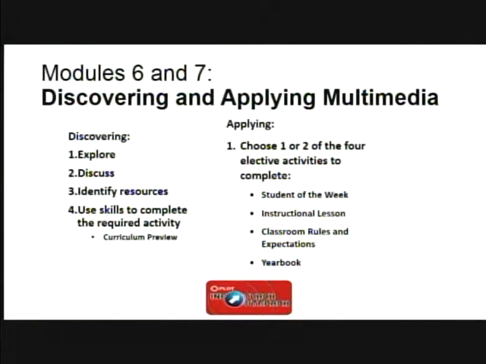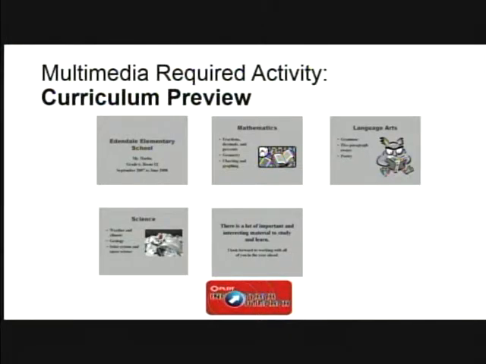And then in applying, just the same, you have to choose 1 or 2 elective activities to complete, whether it's a student of the week, instructional lesson, classroom rules and expectations, and yearbook. Okay. See, curriculum preview, sample here.